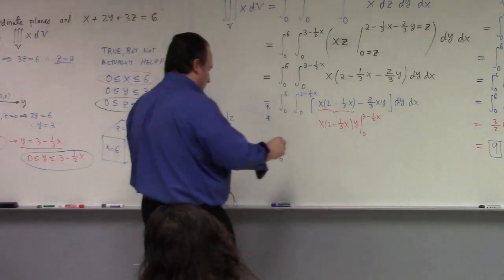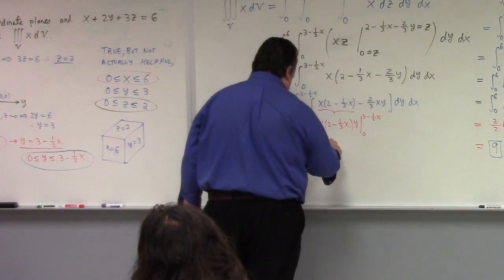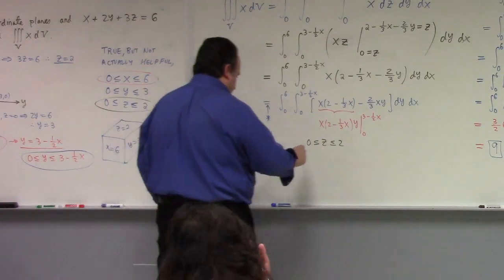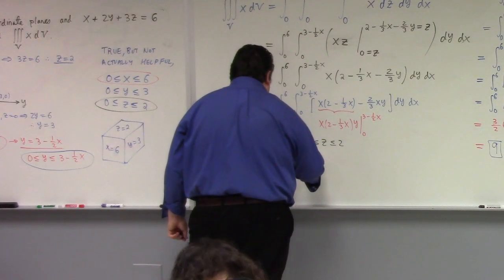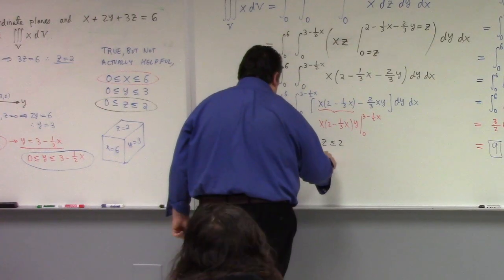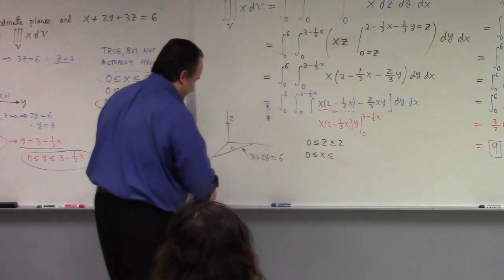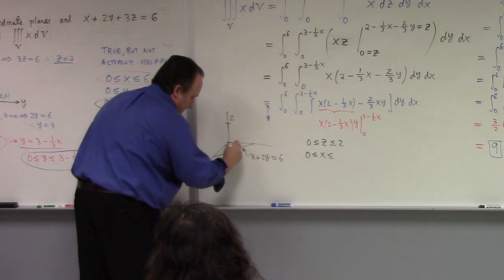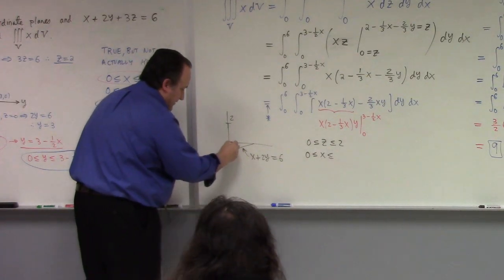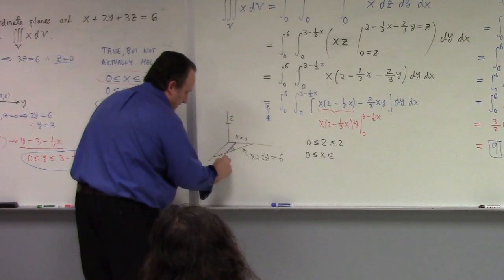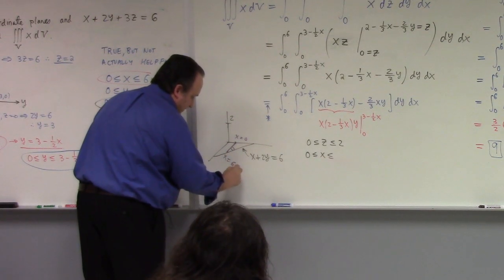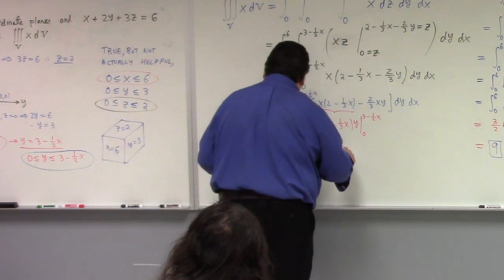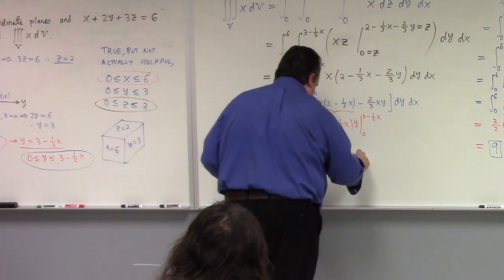So if I'm going to do 0 less than or equal to z less than or equal to 2, then I got choices, but one of the choices I could do is 0 less than or equal to x less than or equal to what? Like the x is between here and here, right? So I've got x equal to 0 back here. I've got x equal to 6 minus 2y up in the front of the thing, right? So I can do 0 less than x less than 6 minus 2y.